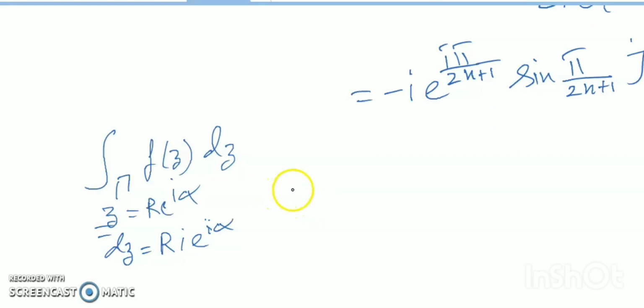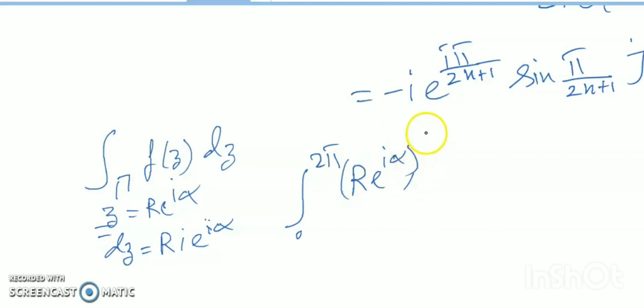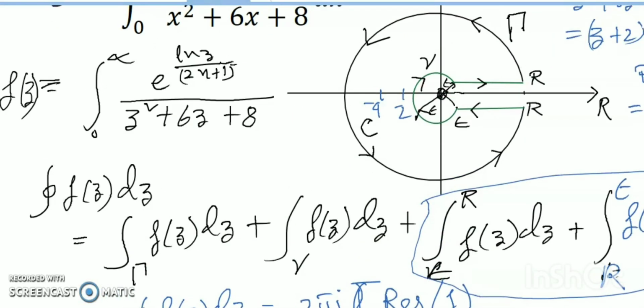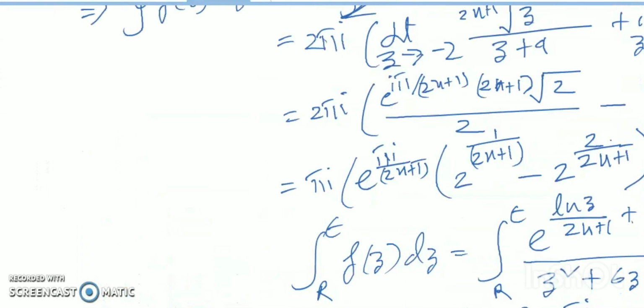Okay, so this can be written as 0 to 2 pi, infinity, r into e to the power i alpha whole to the power 1 by 2n plus 1 divided by r e to the power i alpha, just putting the value in here. What is z squared plus 6z plus 8?